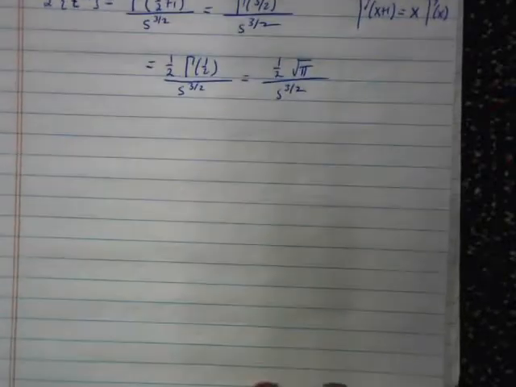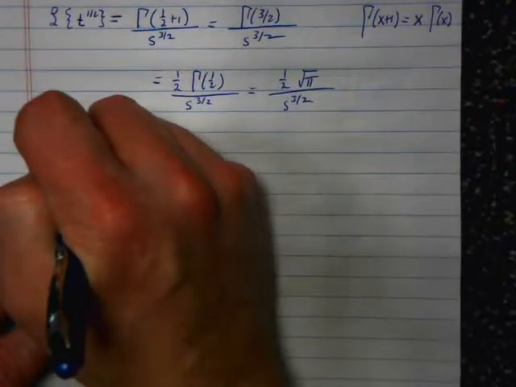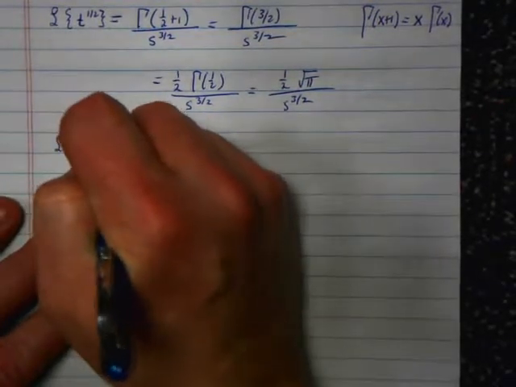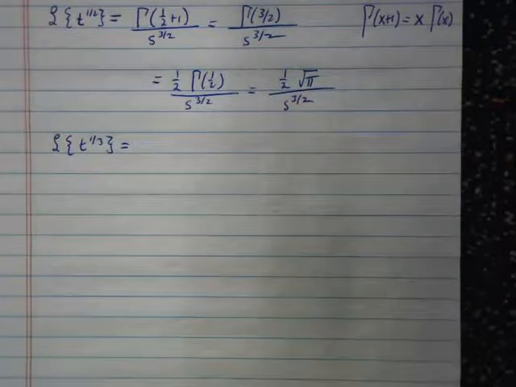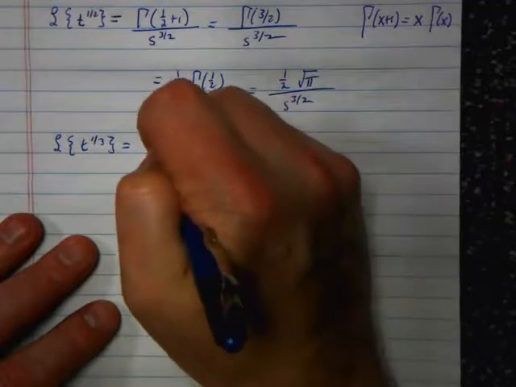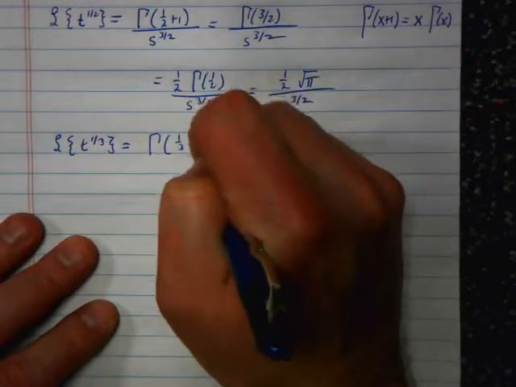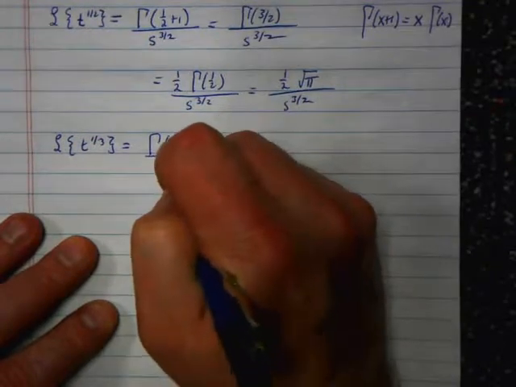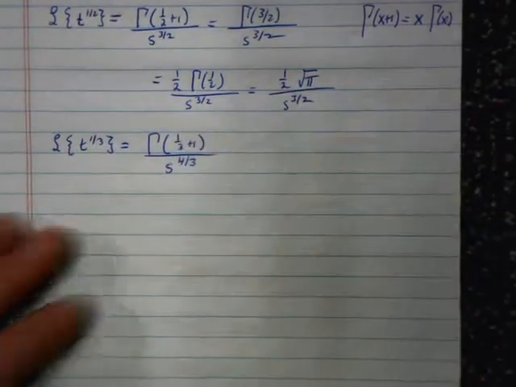It gets worse? Okay. What about the Laplace transform of t to the 1/3? Well, that would be gamma of 1/3 plus 1 divided by s to the 4/3.